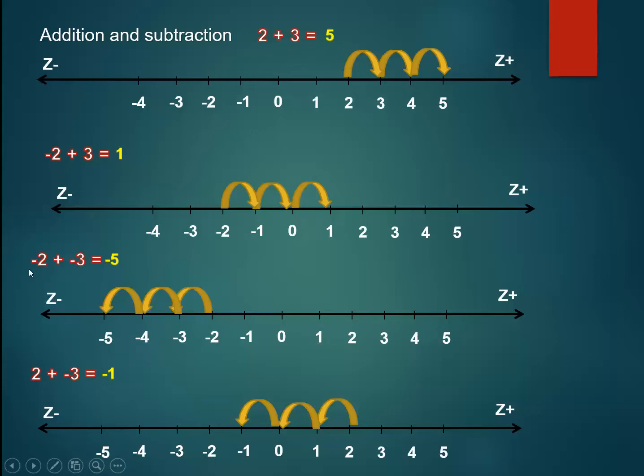Here both numbers are negative, so add 2 plus 3 equals 5 and put the sign of both of them, negative, so it will be negative 5.